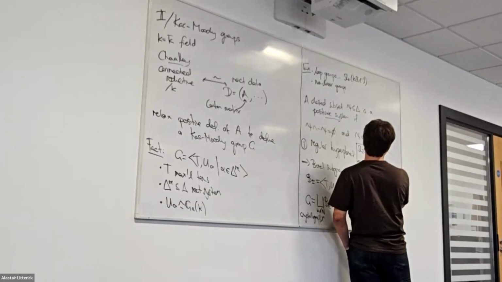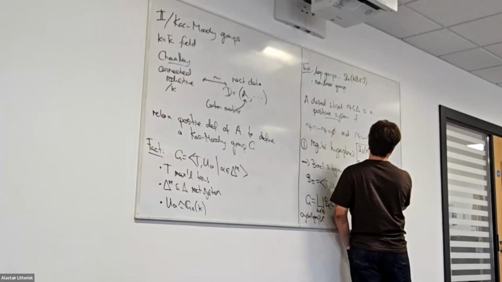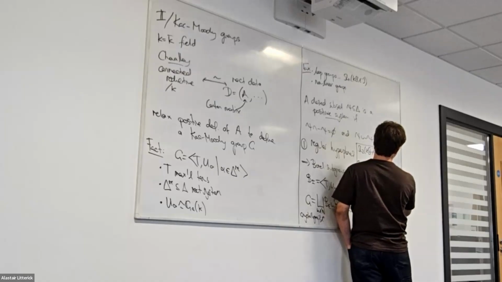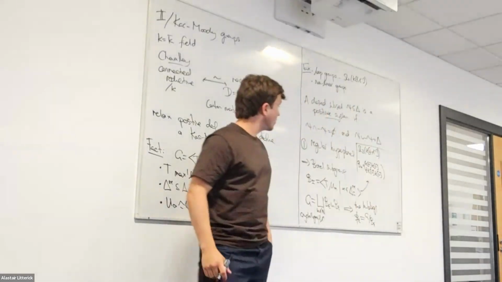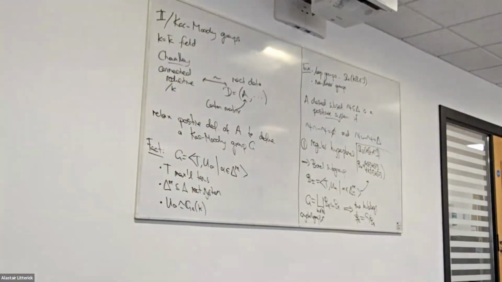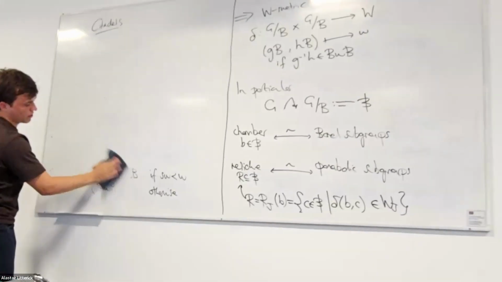So B plus might be something like that. Okay. And so we have two buildings, which is nice. But that's not all. And in fact, you have another one, which I'll get on to.